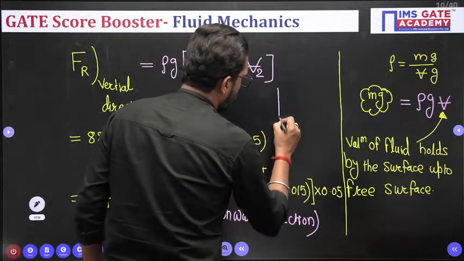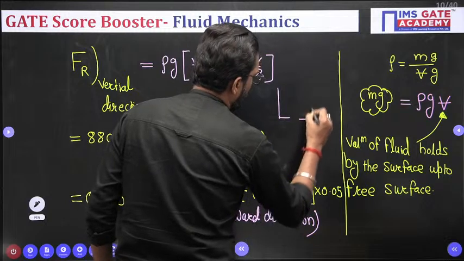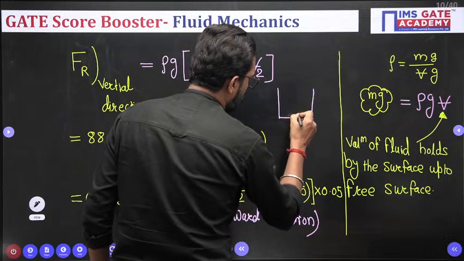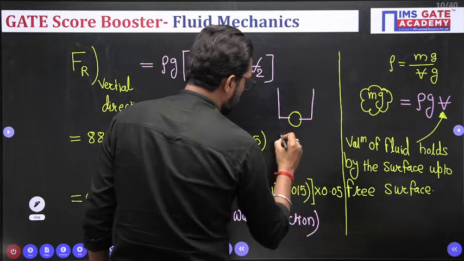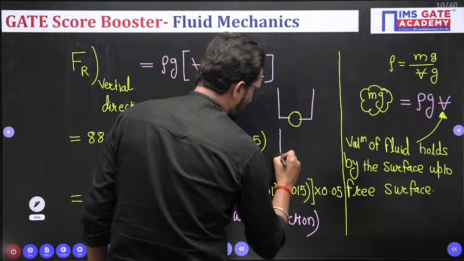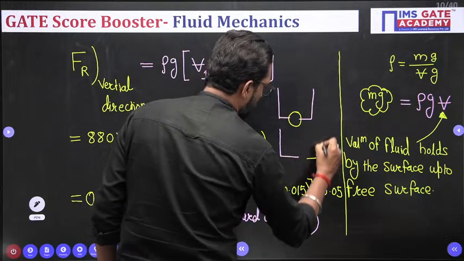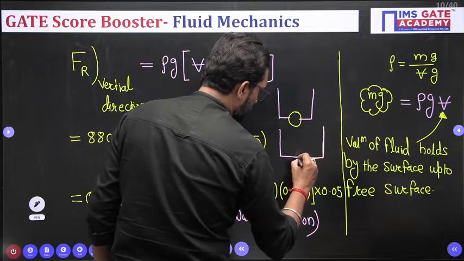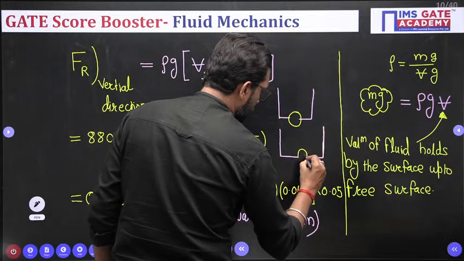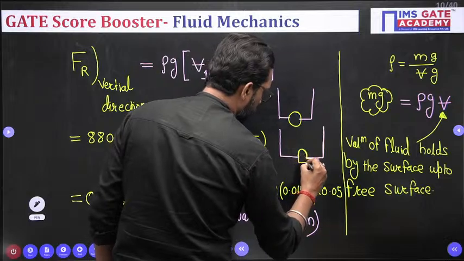Let's suppose this is a container. In this container, it may be a semicircle like that. It may be like that.